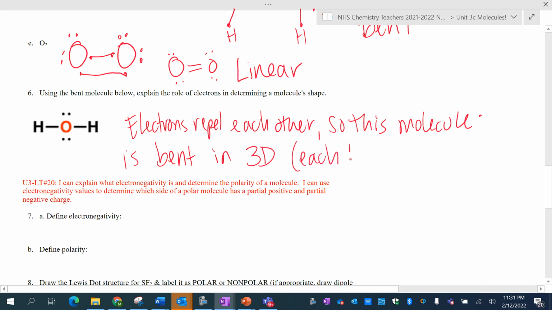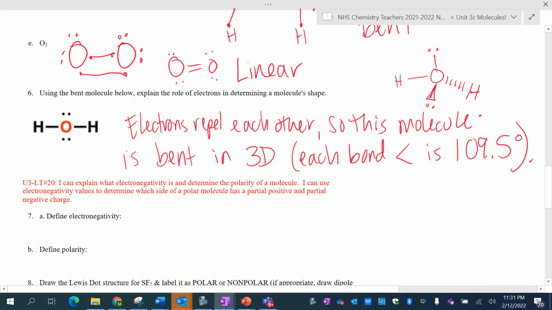Each bond angle is 109.5 degrees. So if I were to draw this like, let's see, I'm going away. You can see if you just focus on the HOH, H2O, that it would be in a bent shape.